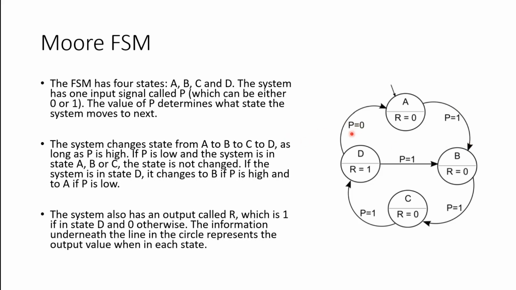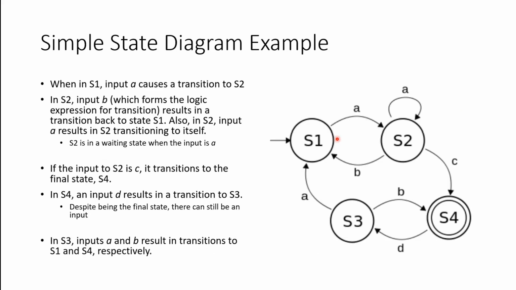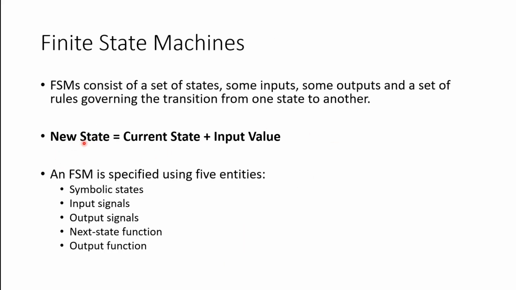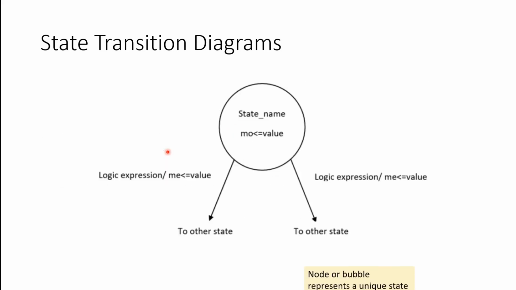The value of P determines what state the system moves on to next. Remember we said on this slide earlier that the new state I'm transitioning to is determined based on the current state that I'm in, as well as the input when I'm in that current state.